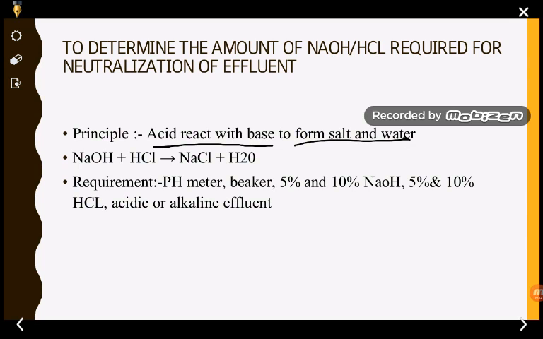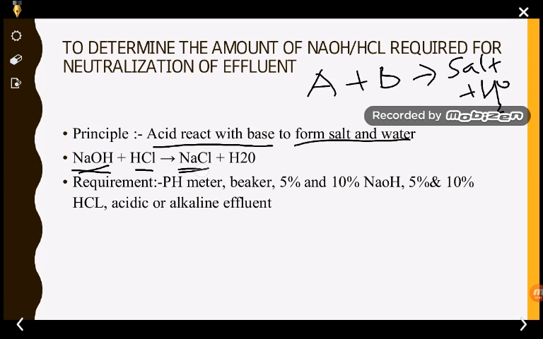We know that when acids react with a base, only two things are formed, that is salt and water. So when this acid reacts with the base, we can find there is a formation of salt as well as water.